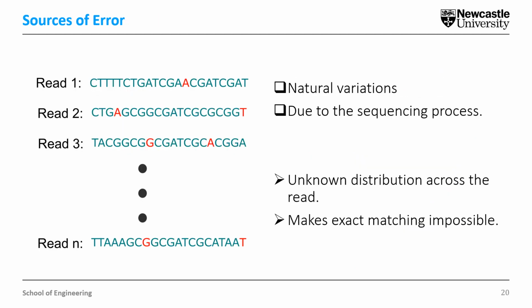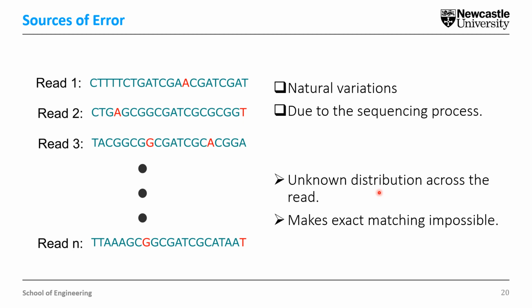Now we will explain what are the sources of errors in reads. The first source of errors is natural variation, which can be due to differences between species or maybe differences within a species. The second one is due to the sequencing process. These errors have unknown distribution and can be found anywhere in the read and may differ in the number of errors as well.